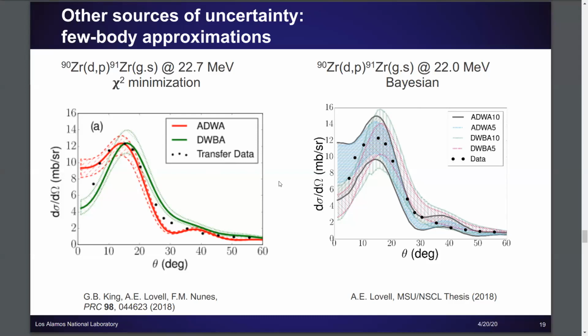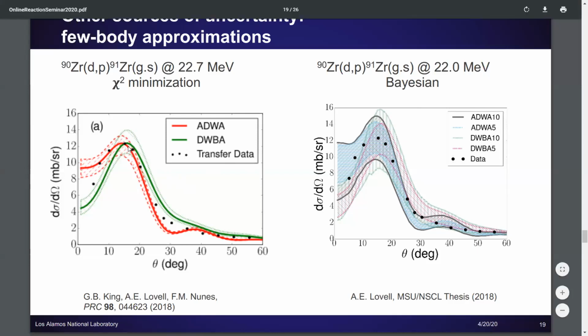And we see immediately that for ADWA and DWBA, there is a difference in the shape of the transfer cross-section. It's sort of significant, right? Especially at forward angles, the ADWA does not go as low as the DWBA calculation does.